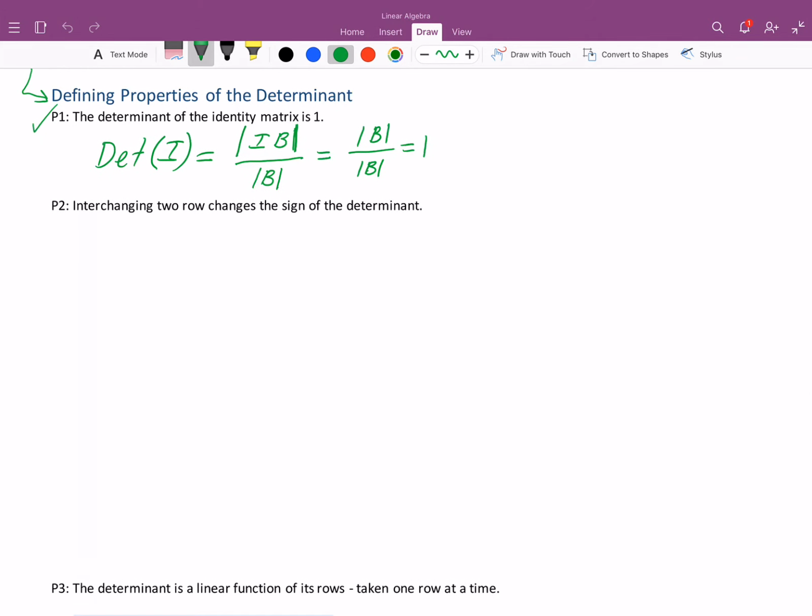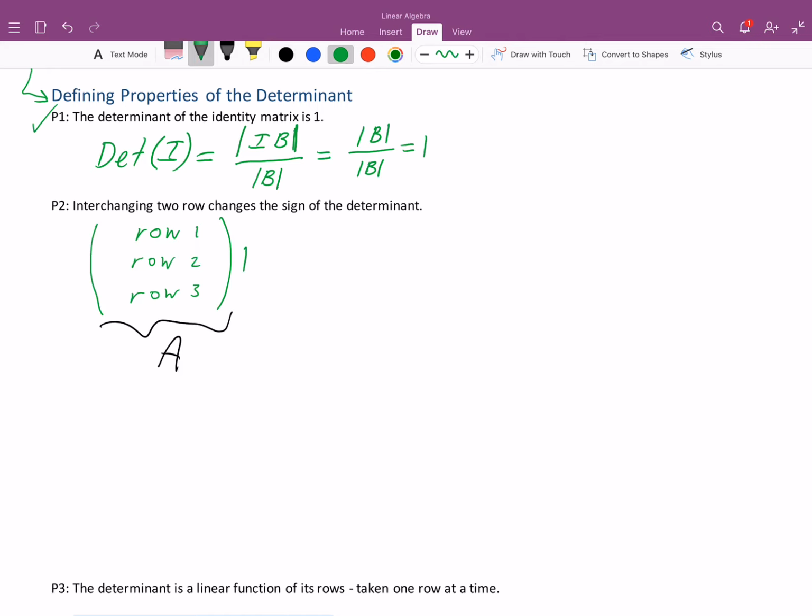What I want to show you is, let's say I have row 1, row 2, row 3. This is my A matrix.